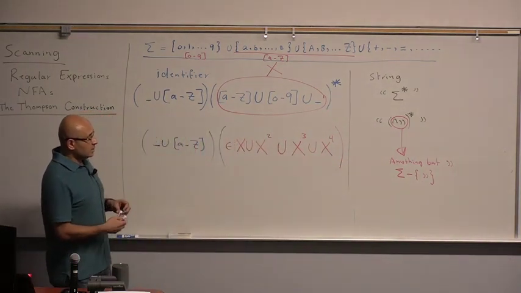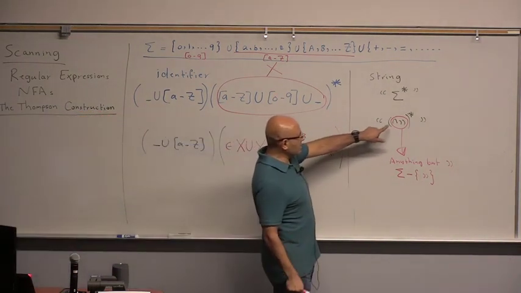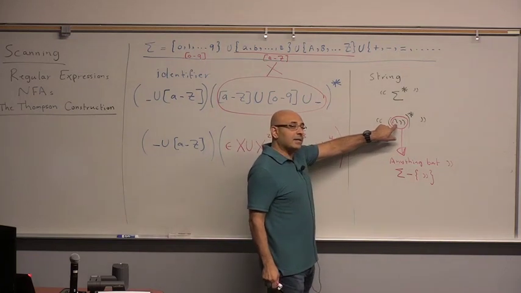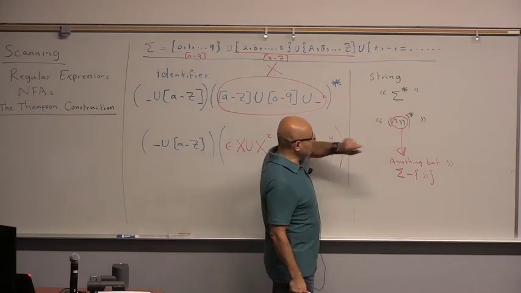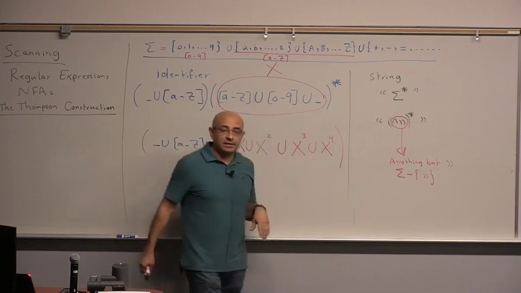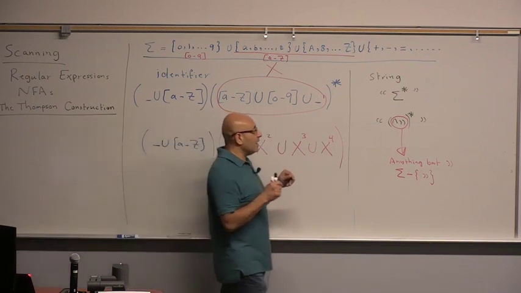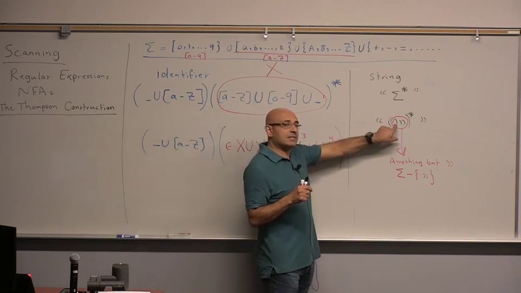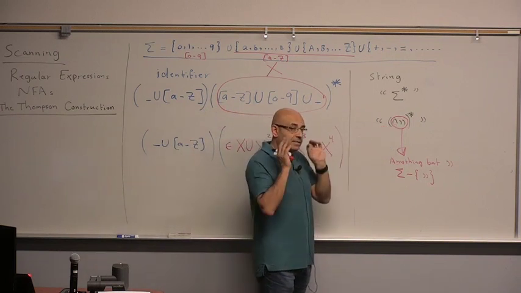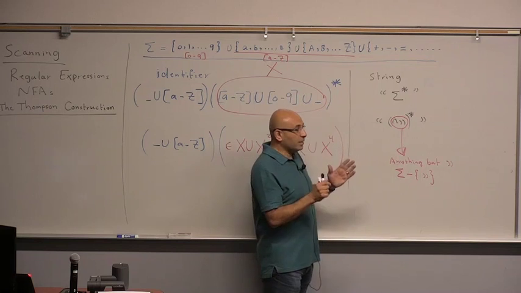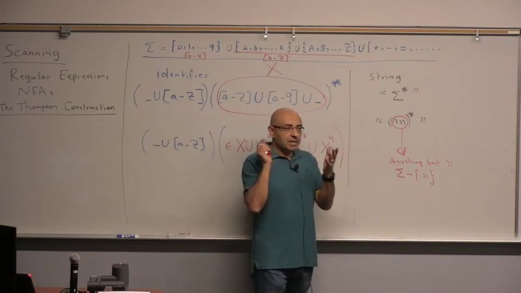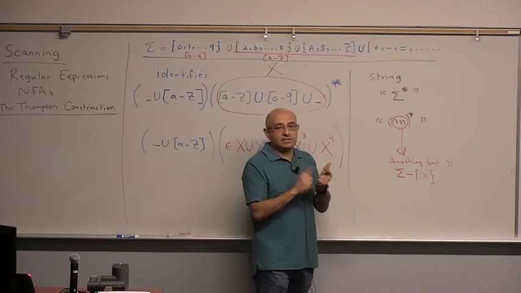By the way, this complement operator is not a standard regular expression. This is an extended regular expression. Strictly speaking, a regular expression can only have union, concatenation, and star.